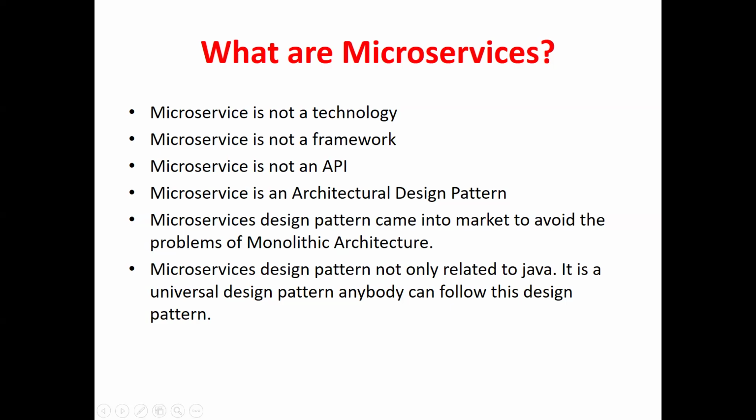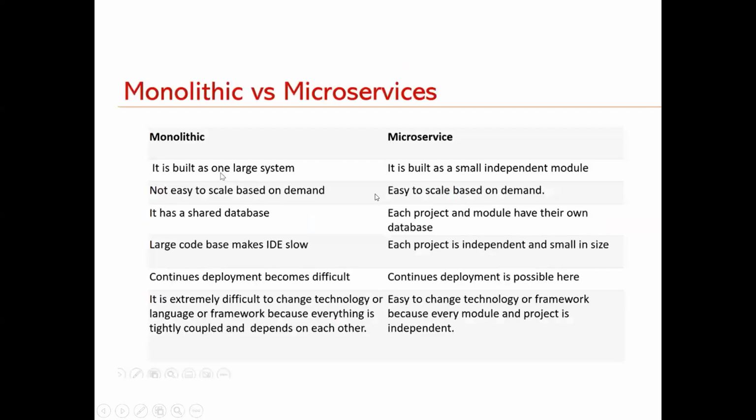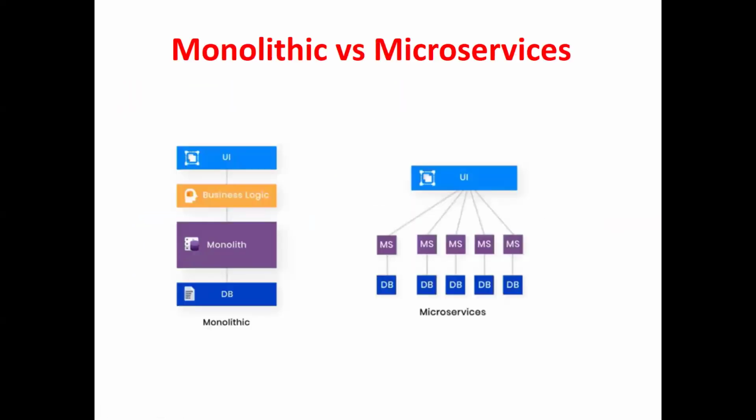Okay. Now I'm going to display one diagram. Have a look here. The main thing to understand is the difference between monolithic and microservices. In a monolithic architecture, whenever you are developing a project, we have only one project and only one database.